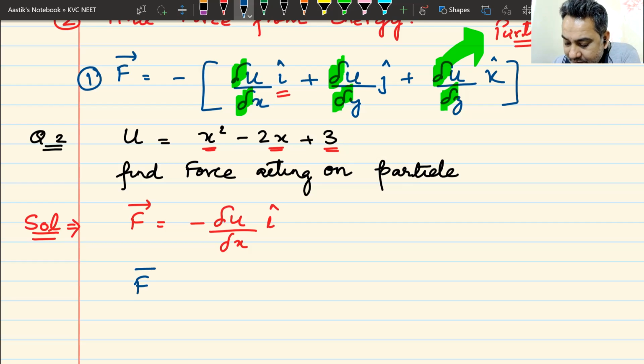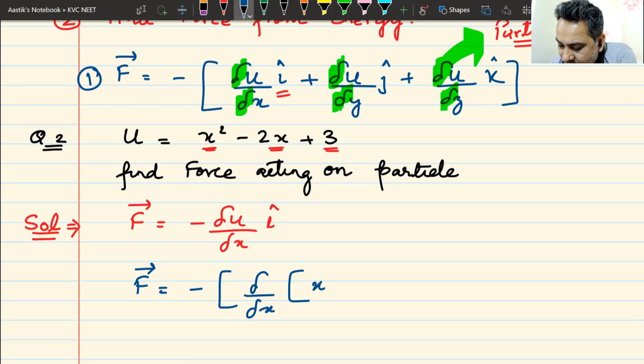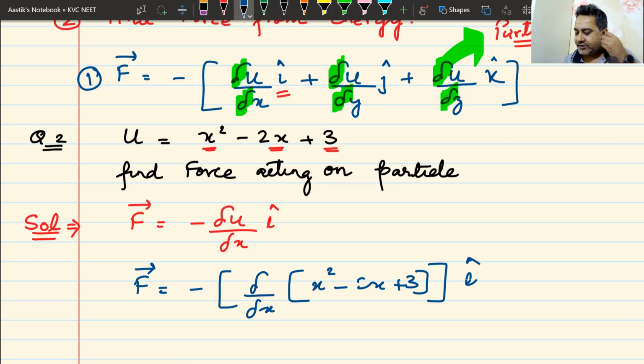So F vector will be negative. I put negative d by dx or del by dx of, just have to find a derivative of this thing, x square minus 2x plus 3, and it will be along i hat. Just find the derivative. So minus, what is the derivative of x squared? It is 2x.